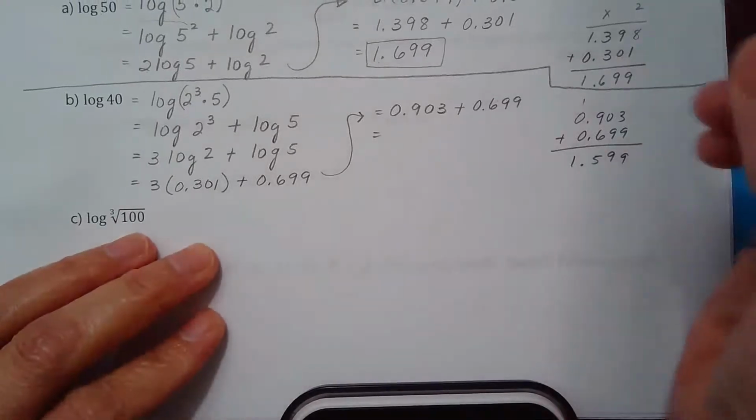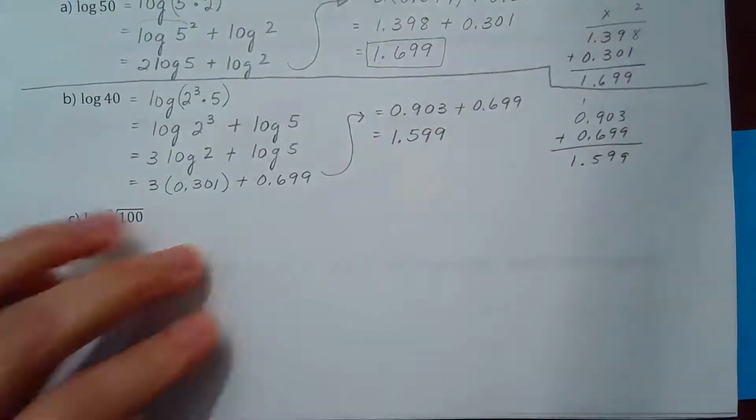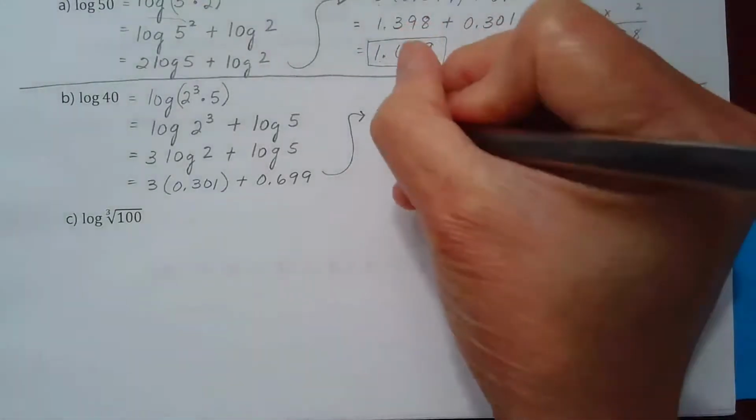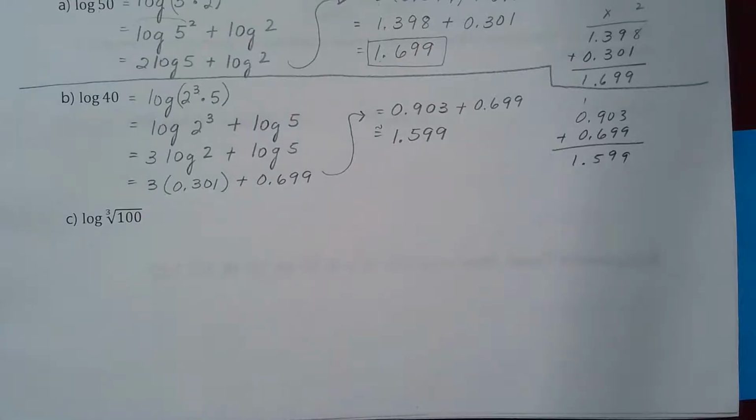Okay, so I got approximately 1.599. And these are approximate, so this is an approximate number.